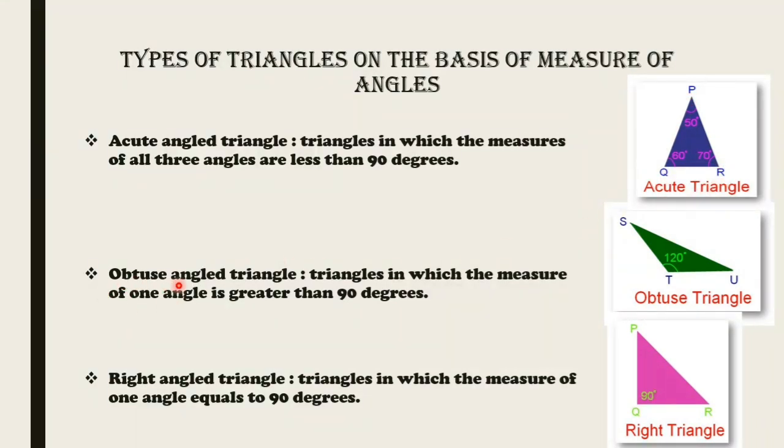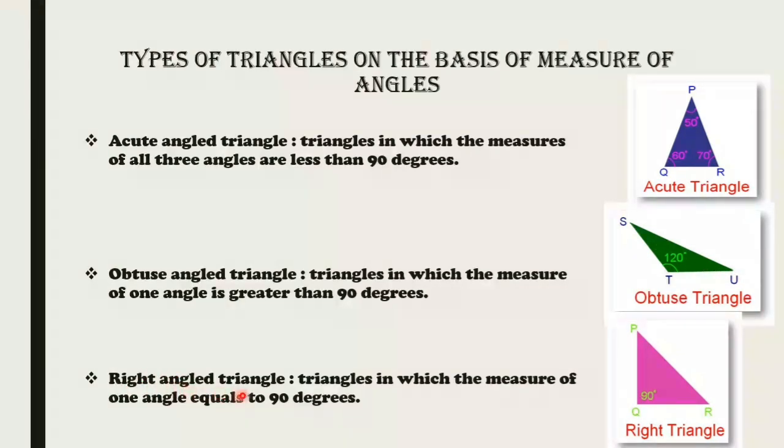Next is obtuse angle triangle, where the measure of one of the angles is greater than 90 degrees. So you can see in the triangle STU, angle T is of 120 degrees, which is greater than 90 degrees. So triangle STU is called obtuse triangle.